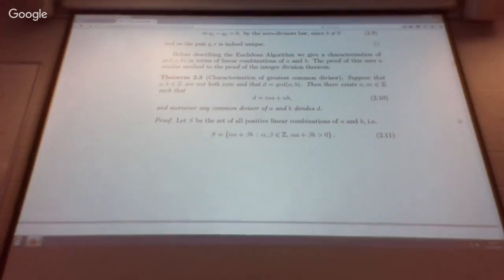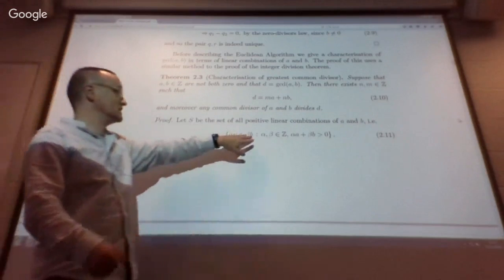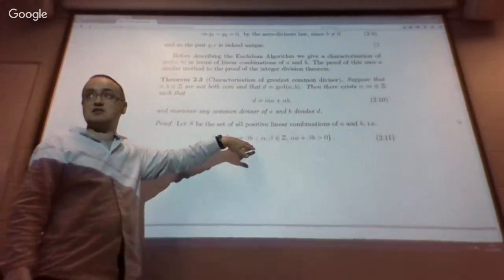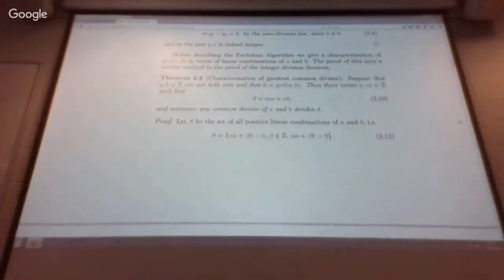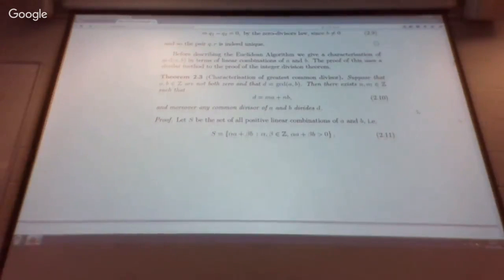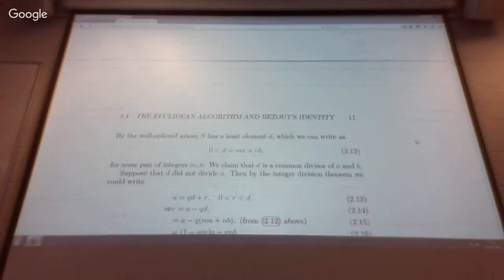There's only one: the smallest element, the first element. There is no last or greatest element, since it's an infinite set and you can easily make these linear combinations larger and larger just by increasing the coefficients. So there is a special element in S, the least one, and it turns out that this is the greatest common divisor we're talking about.